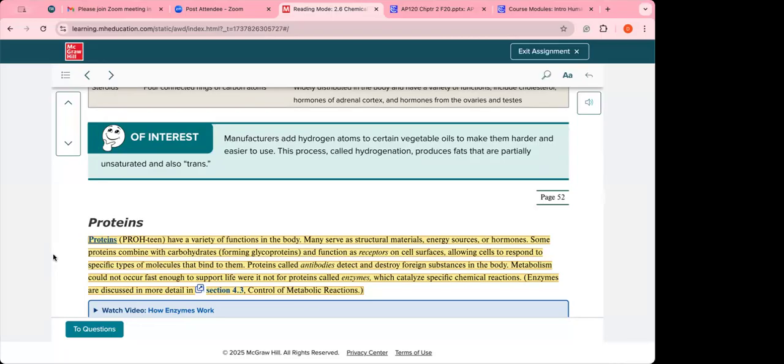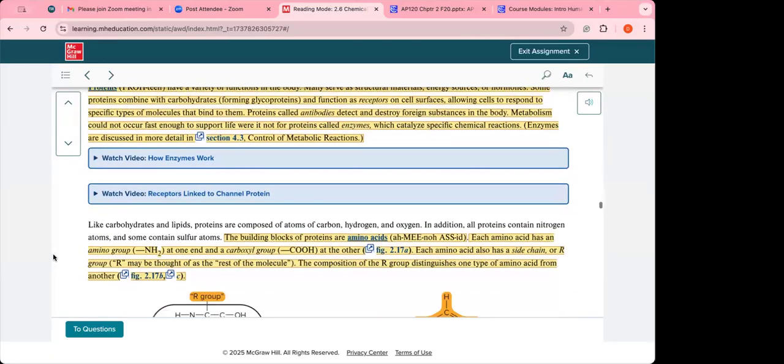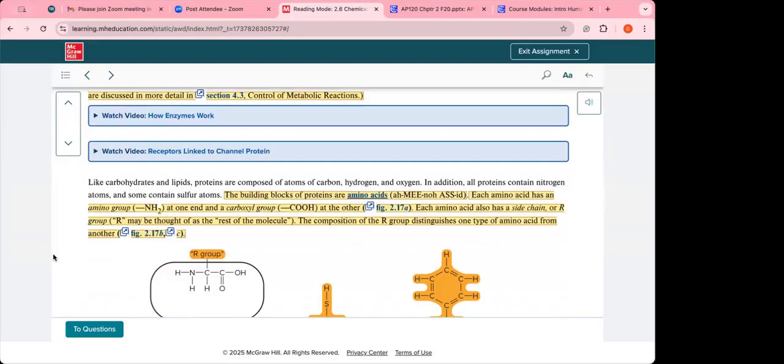Like carbohydrates and lipids, the building blocks of proteins are amino acids.